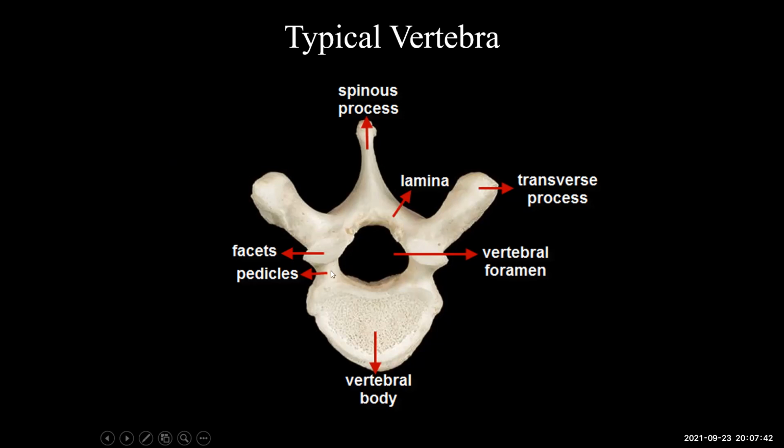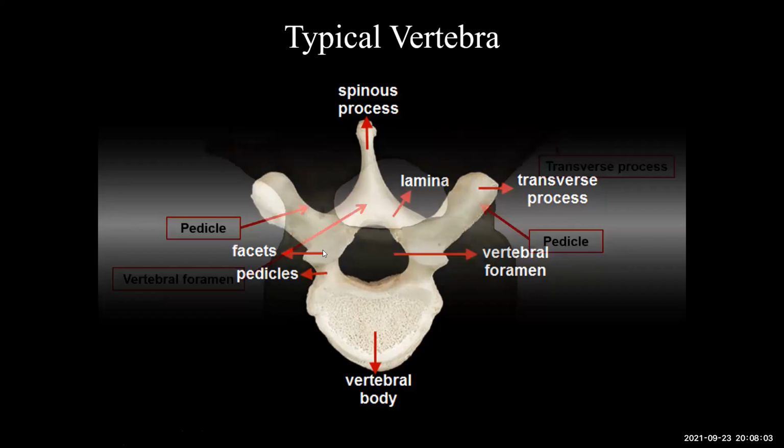Where the vertebral arch basically inserts itself onto the posterior portion of the backside of the vertebral body, we call those the pedicles. So here's a pedicle here, and here's another pedicle here. It's basically where the vertebral arch attaches itself onto the vertebral body. I'll talk about the facets here in a little bit.